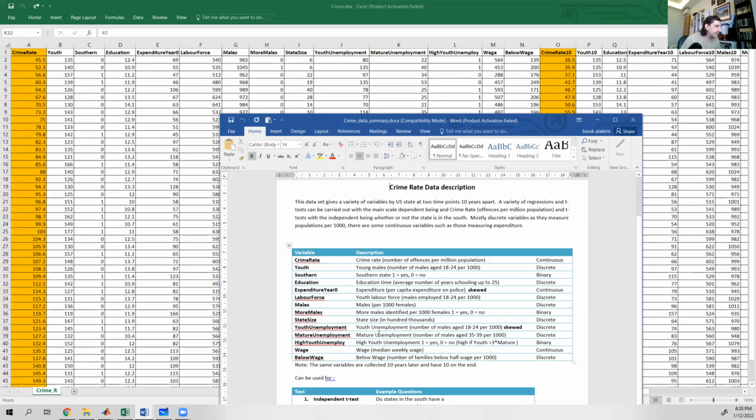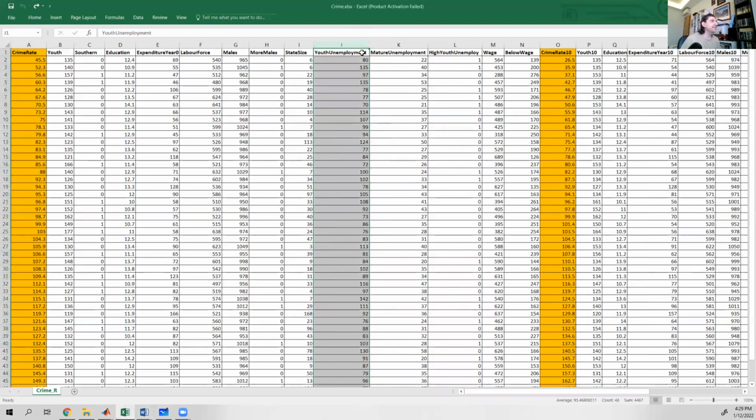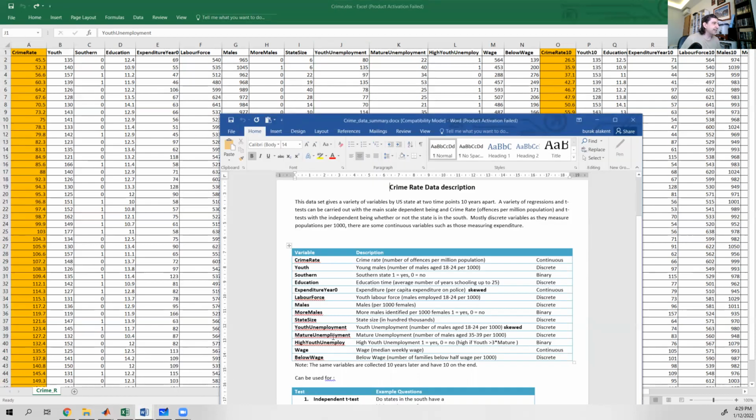Let's see a more familiar example, easy to understand. For example, mature unemployment or youth unemployment. Youth unemployment is indeed a continuous variable. Let's see exactly what it is. Youth unemployment, number of males per 1,000.